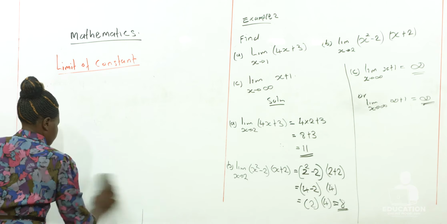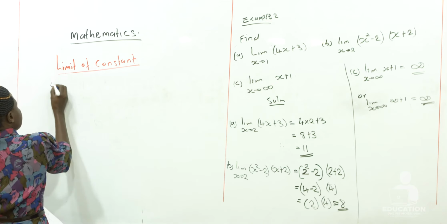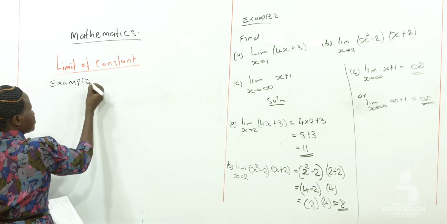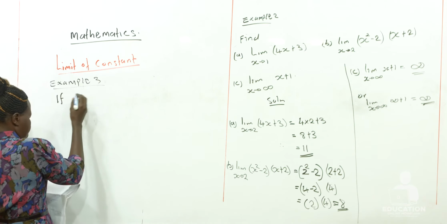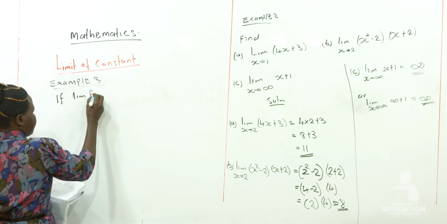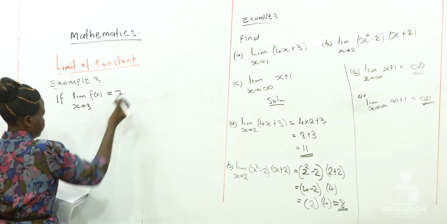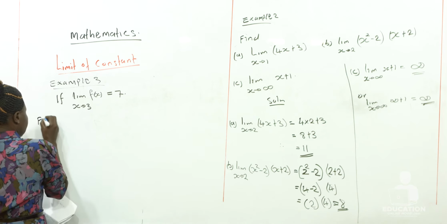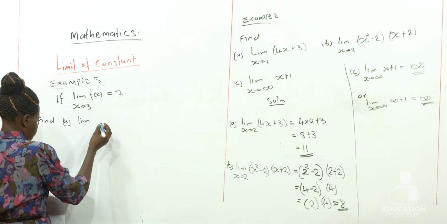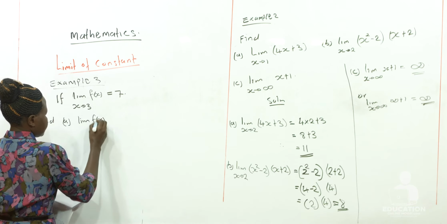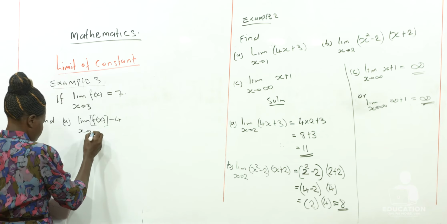Example 3 says, if lim of a function f(x), when x is approaching 3, equals 7, find part A: lim f(x) minus 4 when x is approaching 3.